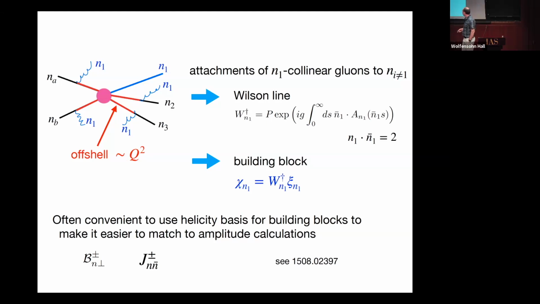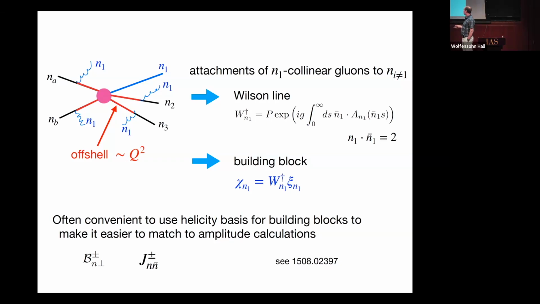Now, when we want to make contact to results from the amplitude community, often they're in spinor helicity. And in SCET, we've actually gone and designed the basis of operators to make our lives as easy as possible. So often, instead of talking about a quark field like this and building operators with things that have Lorentz indices, we would go over to a set of operators that are in the form that make the matching to spinor helicity as easy as possible.